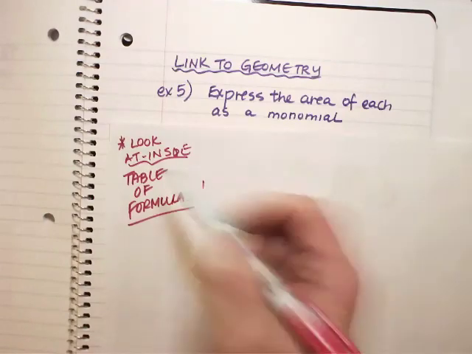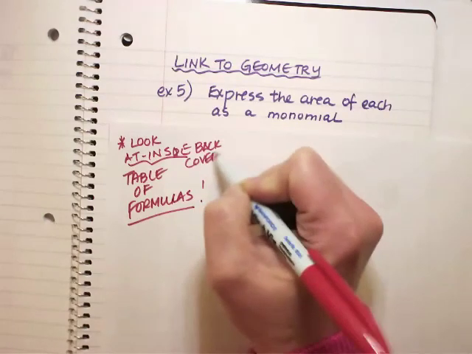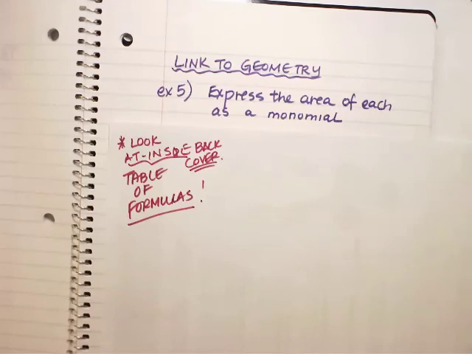Take a look, take a peek now. There is a table of formulas if you should have forgotten any of your formulas. Is it there? Okay, so we're going to go ahead and find the area of a triangle. Can you find that formula right now?